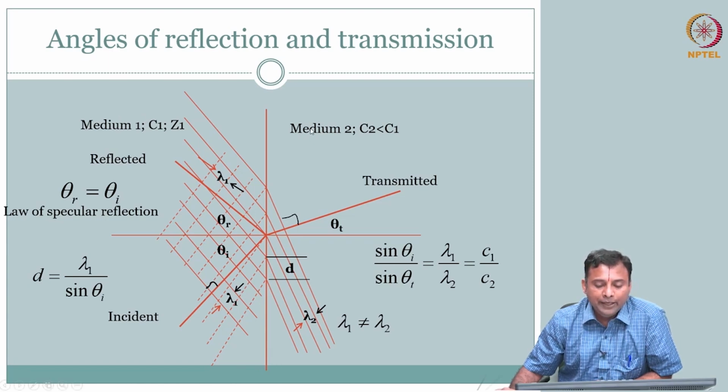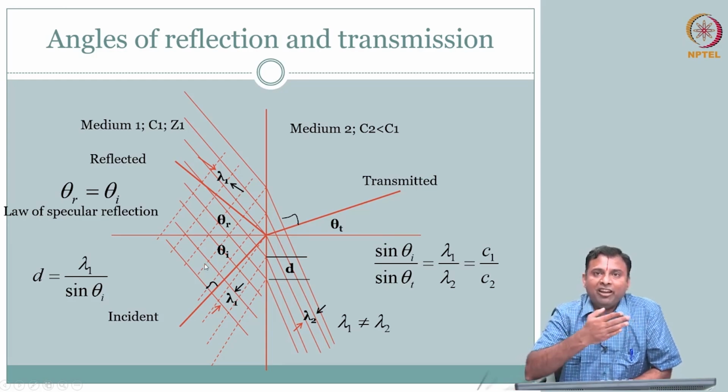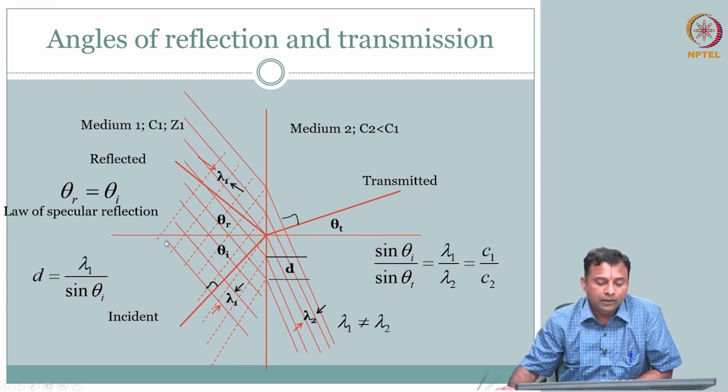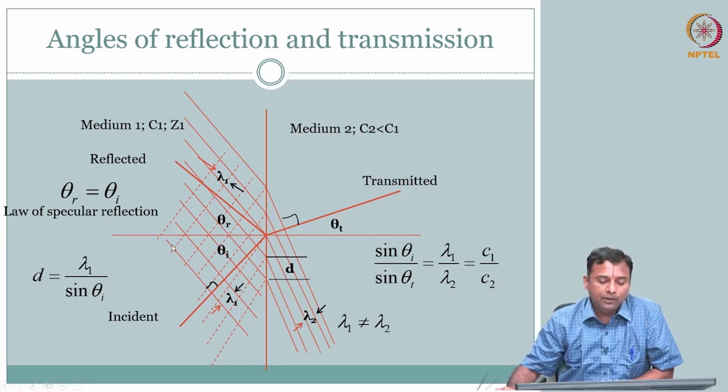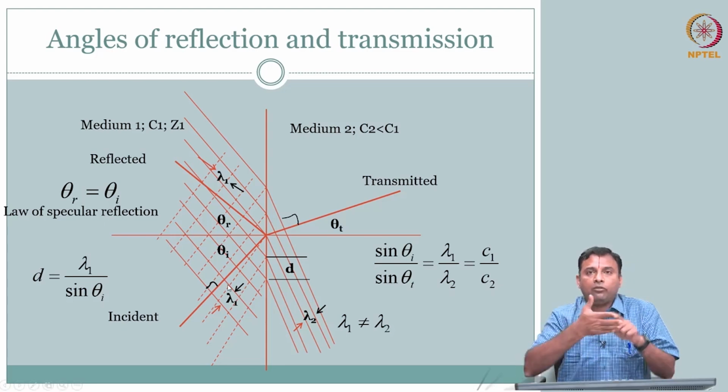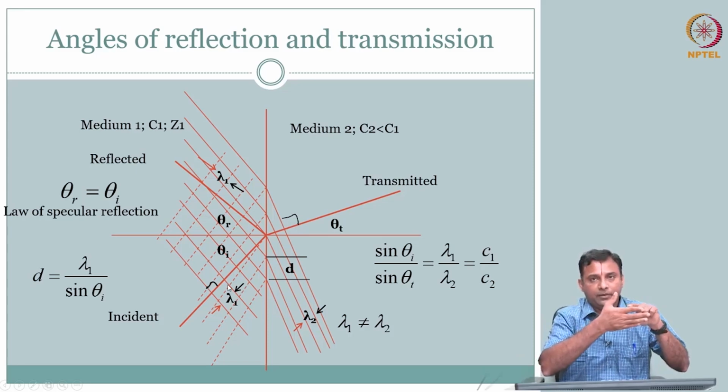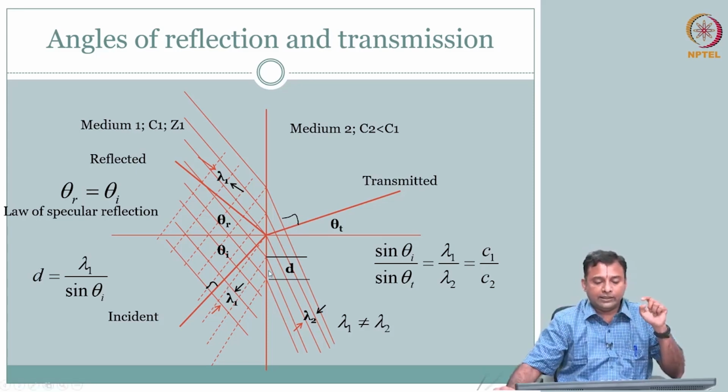Okay, medium 1, medium 2. What have I drawn here? These are the plane waves, plane wave fronts, just to describe. The solid lines that you are seeing are capturing the plane wave front. So for example, this line captures all of them at high pressure. So this is the next high pressure.